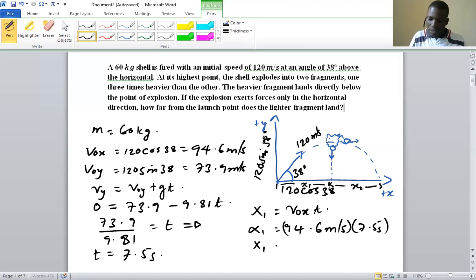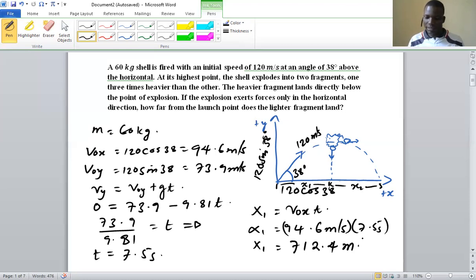And then X1 is going to be 712.4 meters. So this is the range before the explosion.